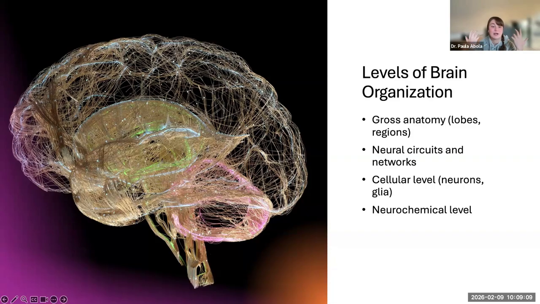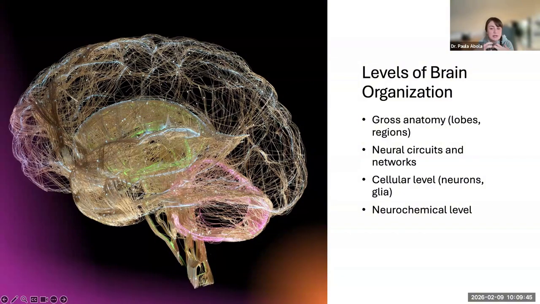You might have heard that the brain is a very complex structure. There's a lot still unknown about the brain, and you will see that this is the reason why. Beneath the gross anatomy are neural circuits and functional networks, which reflect how different brain regions communicate with one another. Modern neuroscience has shown that most cognitive functions do not reside in a single center in the brain, but instead they emerge from distributed networks that span multiple regions.